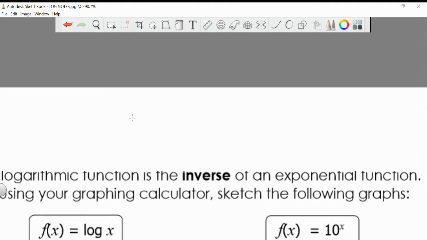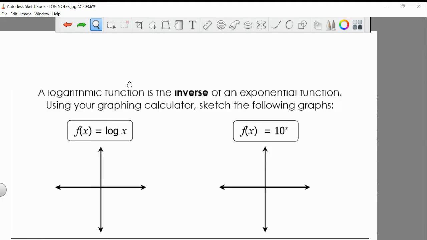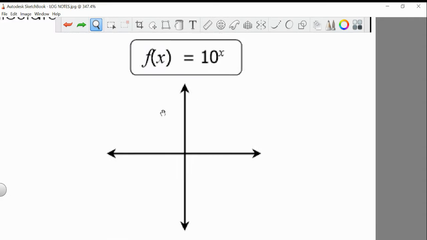If you think about a square looking like a U shape, and then a square root looking like a U shape on its side, they're very similar shapes. The square and the square root is the same thing as the exponential and the log, okay? They're related. They're technically called inverses. They're kind of like opposites. And so basically everything we know about exponentials is going to be very similar with logs.